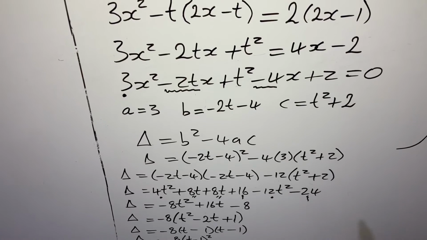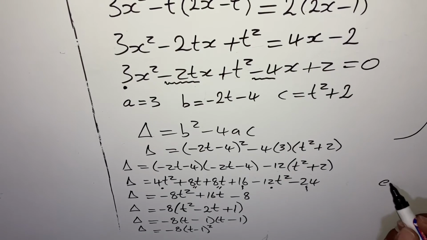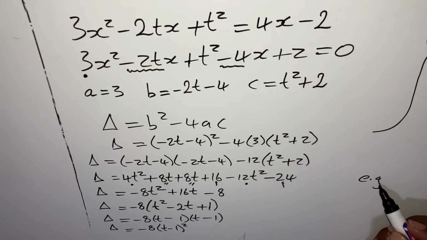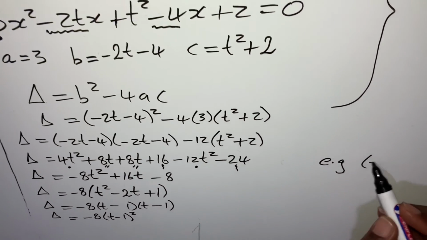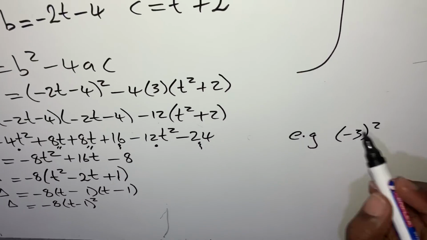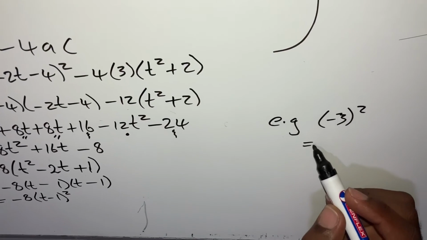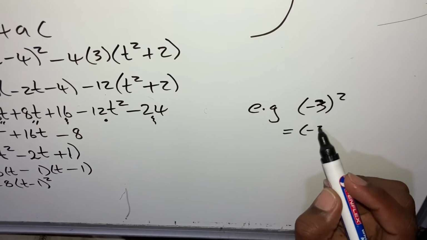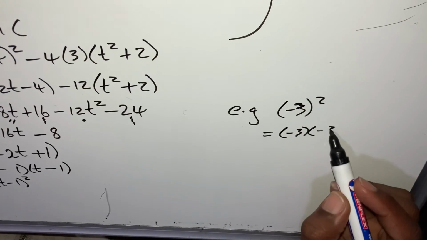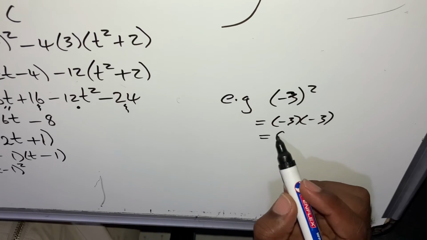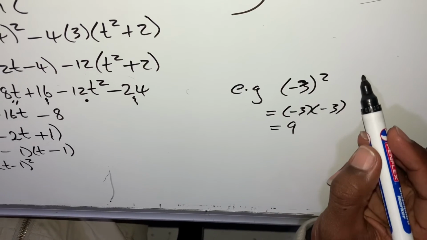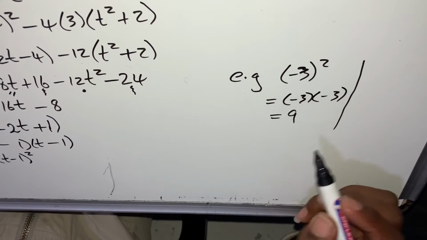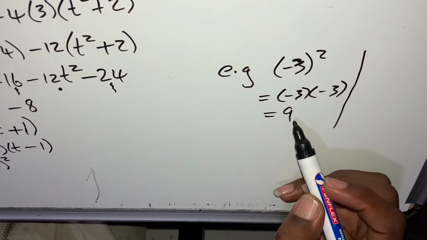So, for example, if I go for negative 3 being squared, I'll surely get a positive, which gives me a 9. So, second thing, everything squared is a positive.